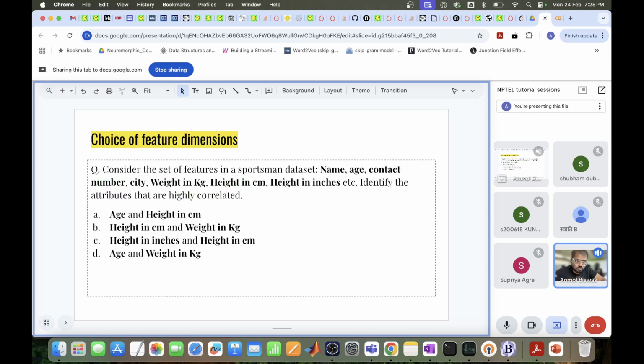Okay. So then we consider a similar question, but with named features. Let's say you have these different features, name, age, and so on, and you want to identify attributes that are highly correlated. Obviously, this is a very straightforward question. Obviously, the answer is C. Someone has already pointed it out. This is nothing but the same value. Height in inches is nothing but a scaling factor difference from the height in centimeters.